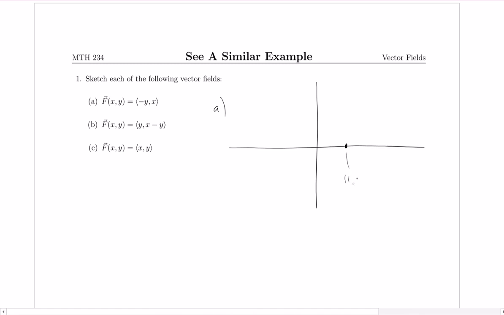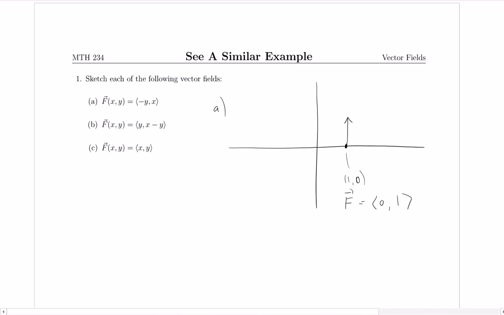Here I'm doing (x, y) as (1, 0). Then at this point the vector field is, so minus y, in this case, is 0, and x is 1. So (0, 1). That's a vector that just points straight up with length 1.